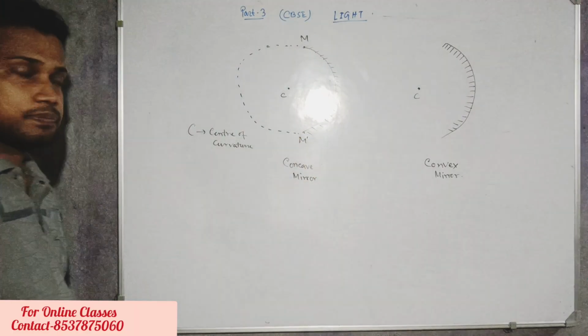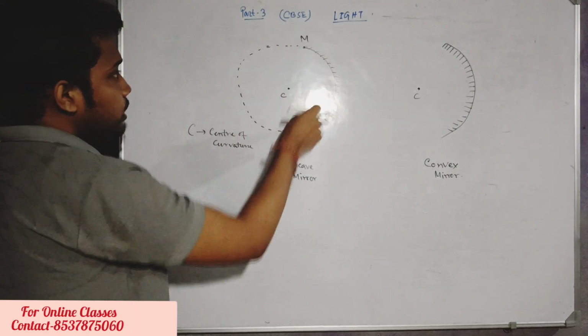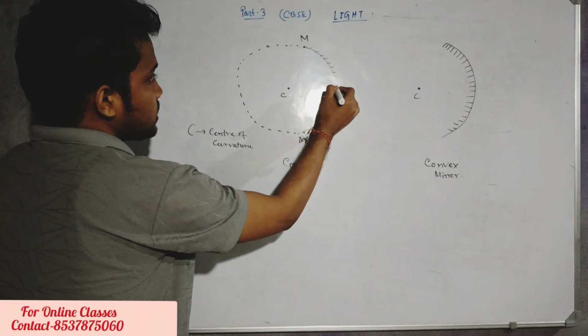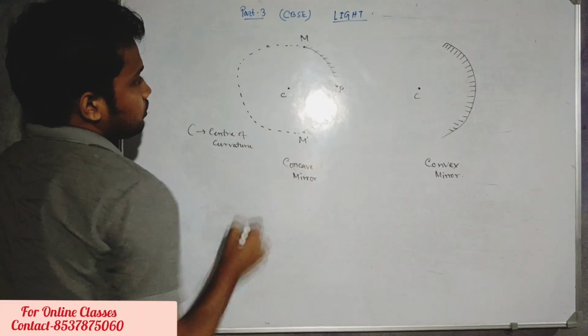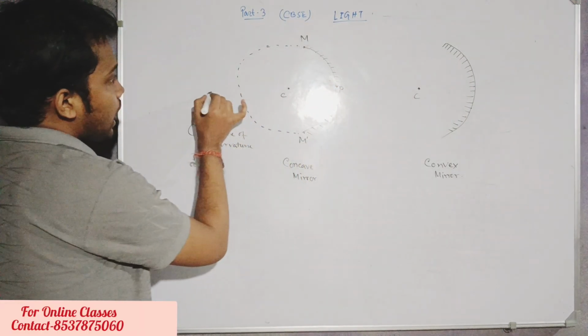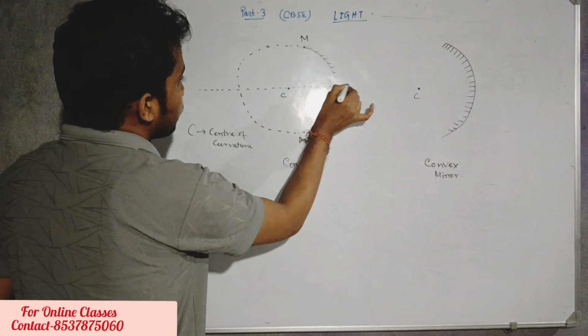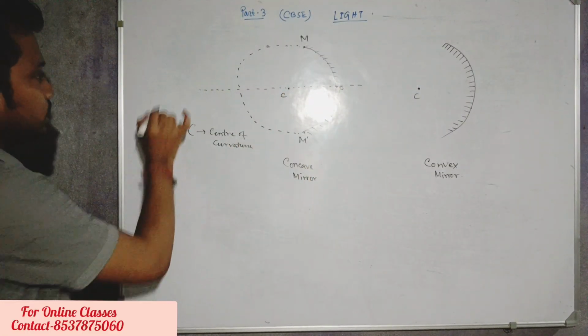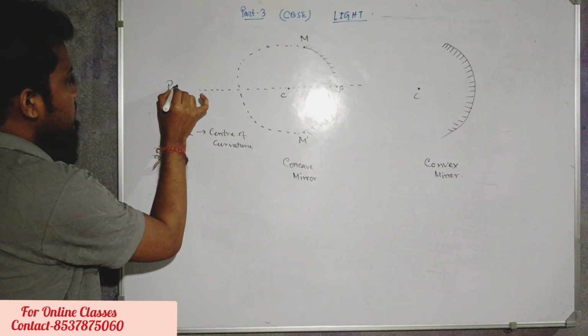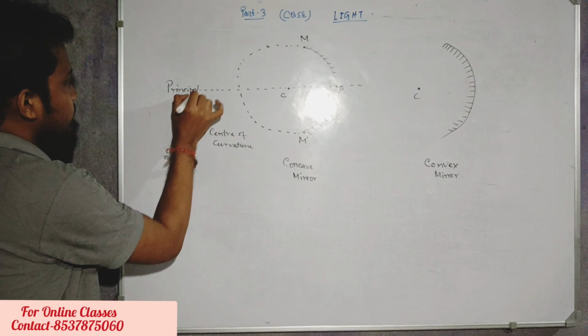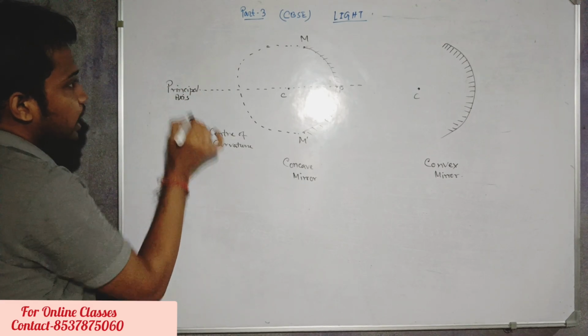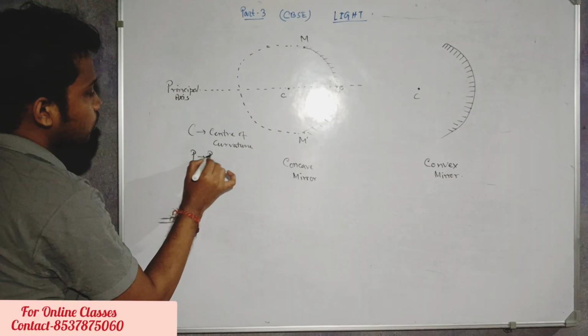That one is the mirror, and in between point M and M dash, this one is the pole. The line which goes through the center of curvature and pole is written as the principal axis. So this one is the principal axis, and P is basically the pole.